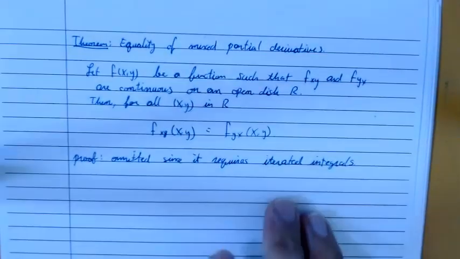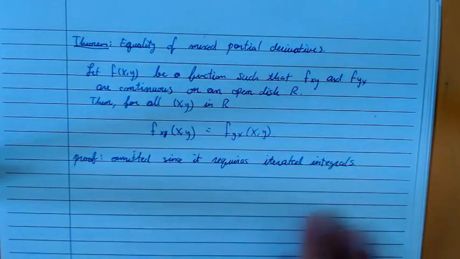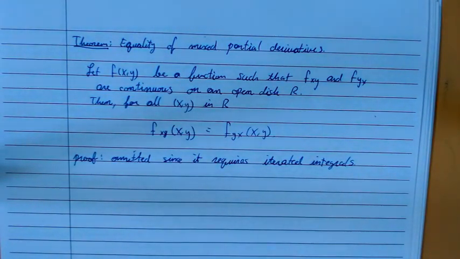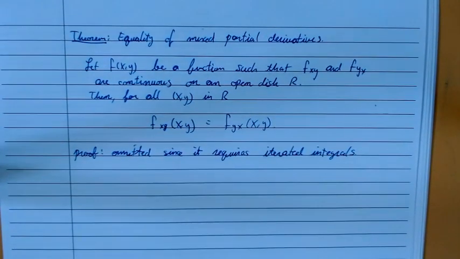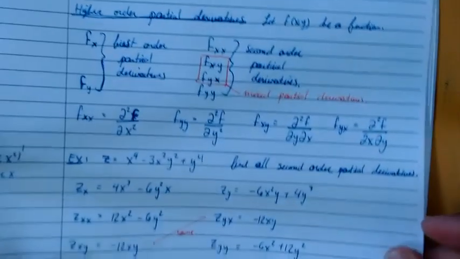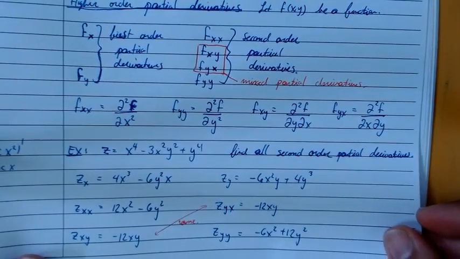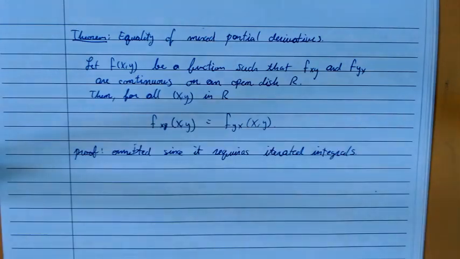And since we haven't talked about those at all, and we haven't gotten to anything that involves iterated integration, then, well, the proof is not exactly accessible right now. I could write it, and it doesn't really mean anything just yet. So we'll say, okay, this is true, and it can be proven. And here we see an example, but unfortunately, we're not going to prove it rigorously because at the moment, it's not really accessible. So that does bring us to the end of our section.